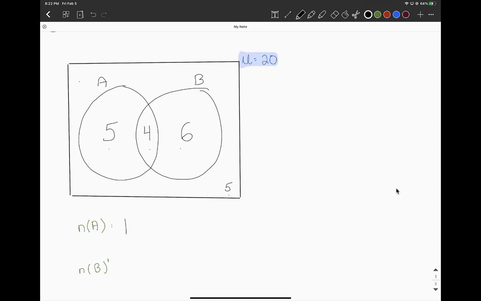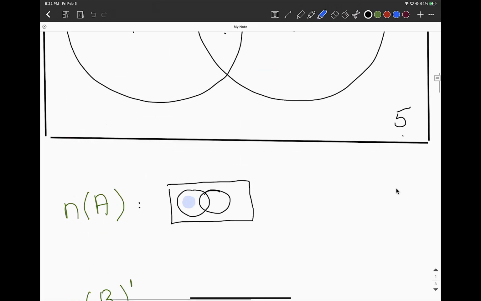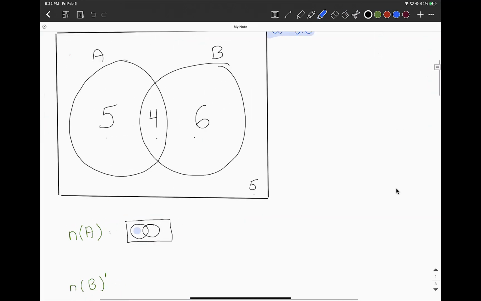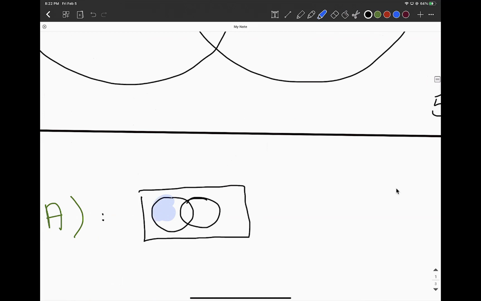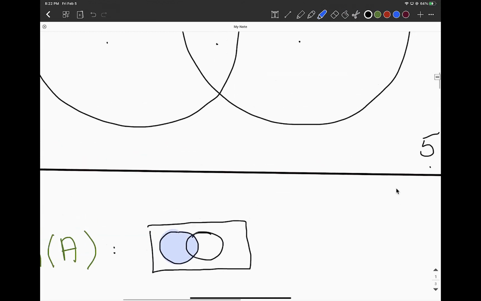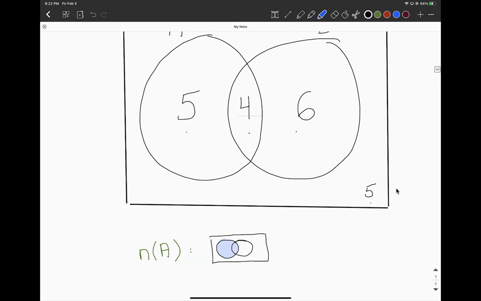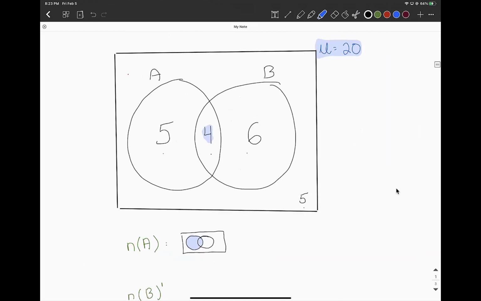The number of things in A requires you not to focus just on that 5 there. There are definitely 5 things in A, but the set called A includes the entire circle, which has already been split and organized for us because there seem to be 4 people who are in both groups.